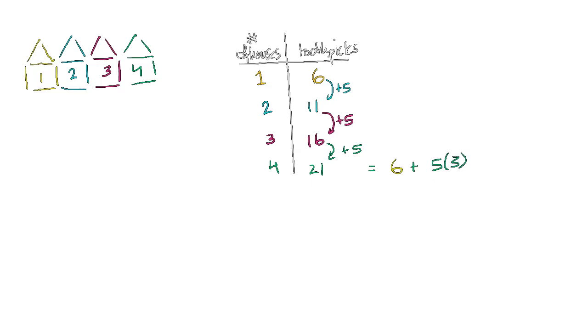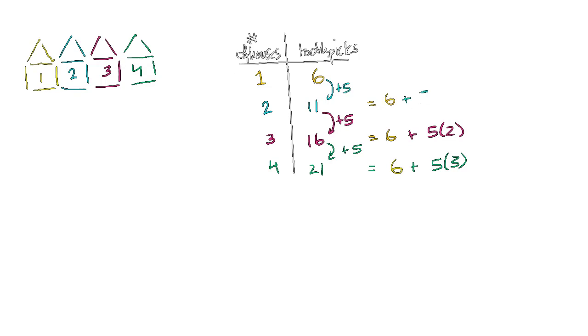When you had the 3 houses, once again, you started with 6, and you added 5 2 times, plus 5 times 2. When you had 2 houses, you started with 6 again, this is equal to 6, and you added 5 once.